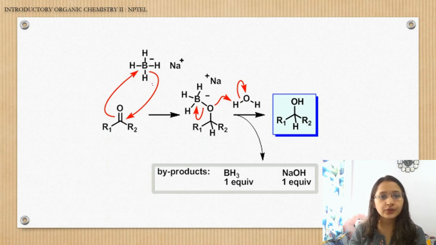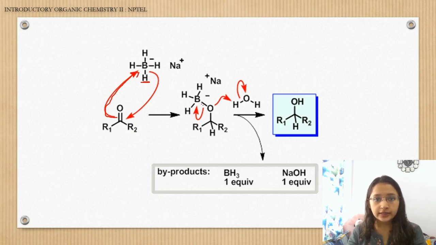Mark my words, the hydride, that is H minus, from this tetrahedral borane attacks on the carbonyl carbon, and in turn the oxygen will attack on this boron, as boron is electrophilic here. So a tetrahedral species is getting developed here.